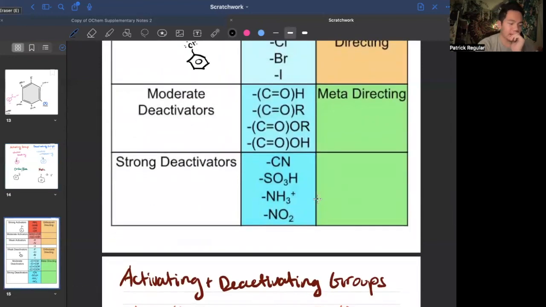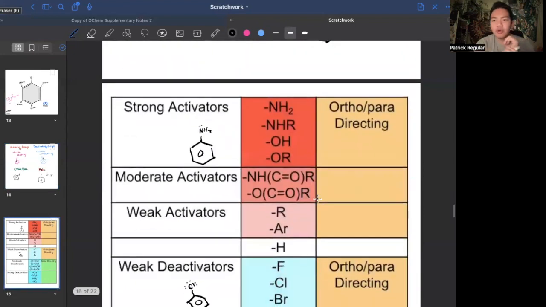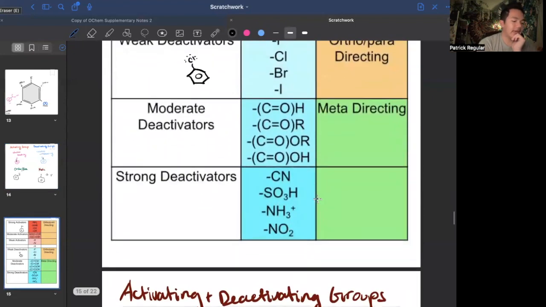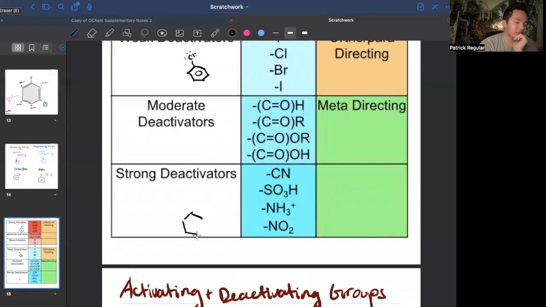Let's take aniline. The moment you protonate aniline into NH3 plus, there's no more lone pair, because that lone pair was used as a nucleophile to perform a nucleophilic attack on a proton. So the moment it's protonated, you no longer have a lone pair on that nitrogen. There's a positive charge on it. You can't do anything. So it's now a strong deactivator.